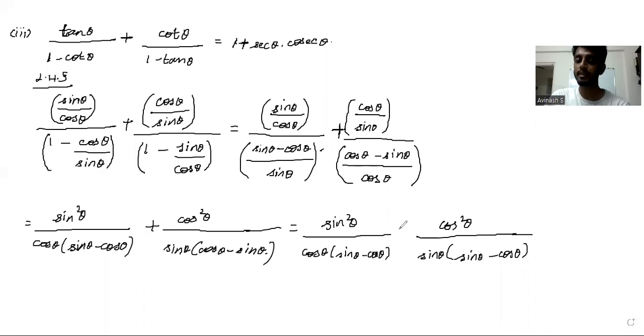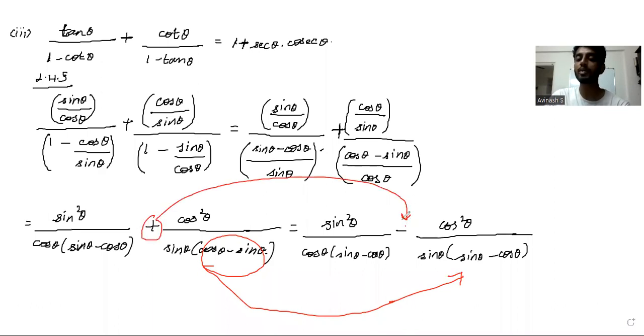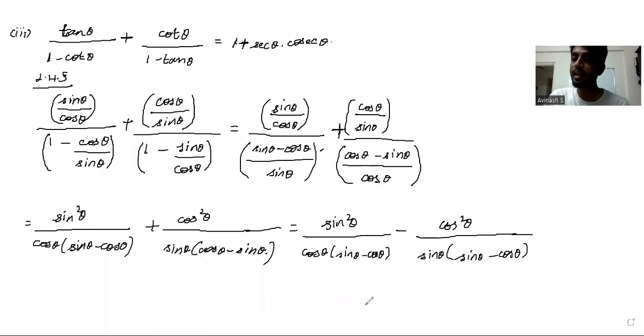So we get something like this. If you keenly observe, the only change that has been made is this cos theta minus sin theta has been converted as sin theta minus cos theta. Also, this positive sign here has been converted into a negative sign. Because of this change, the terms have been interchanged and you introduce a negative sign. So this step is very, very important. So why have I done this?